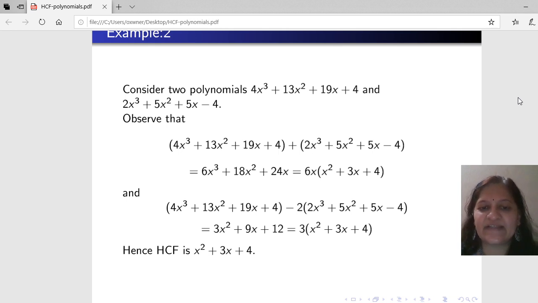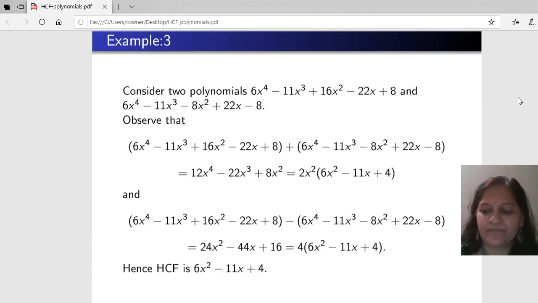Now directly we can see that the highest common factor is x square plus 3x plus 4, because we know that the HCF of P and Q is same as HCF of P plus Q and any suitable combination of P and Q. Let us discuss one more example.